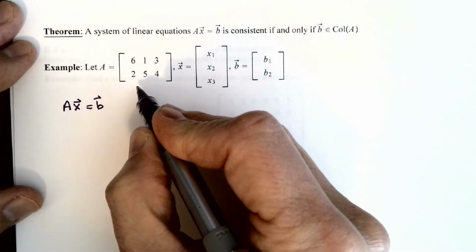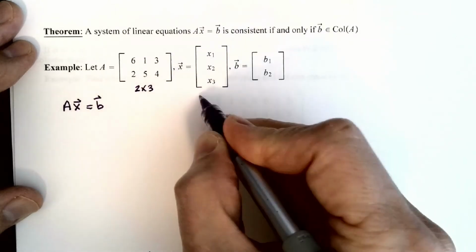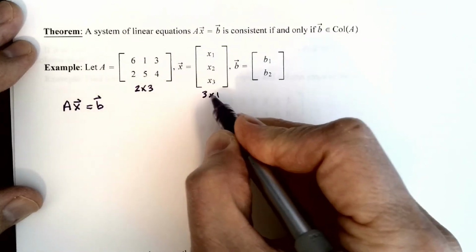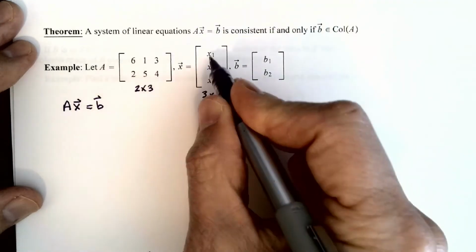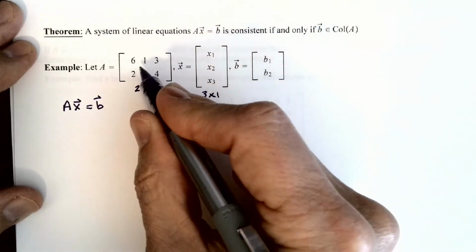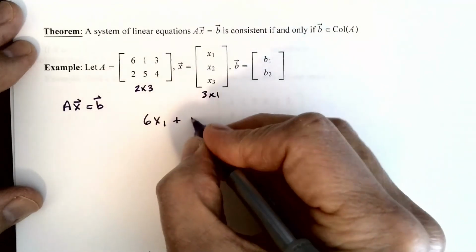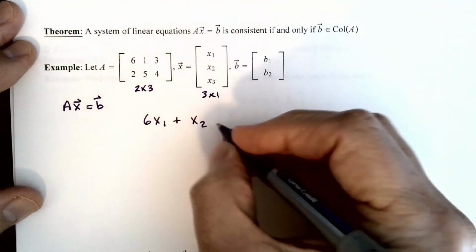This is a 2 by 3 matrix here, and x is 3 by 1, so we're going to be able to multiply. First row dotted with the column, take the dot product. What do we get? 6x1 plus 1x2 plus 3x3.